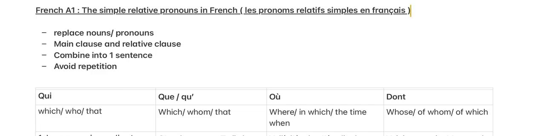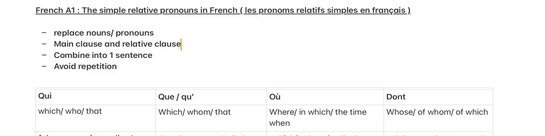In today's video, we are going to learn about the simple relative pronouns in French. Les pronoms relatifs simples en français. C'est parti. The simple relative pronouns, or as in French we say, les pronoms relatifs simples, are used to replace nouns or pronouns that are common in two sentences, one being the main clause and the second being the relative clause.